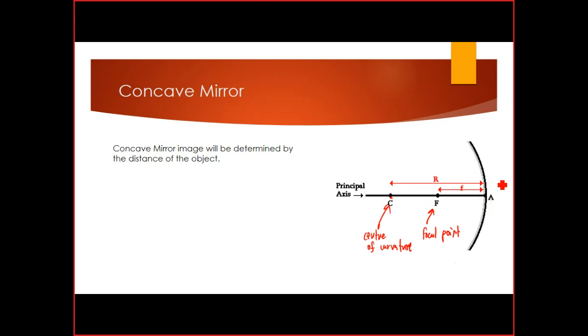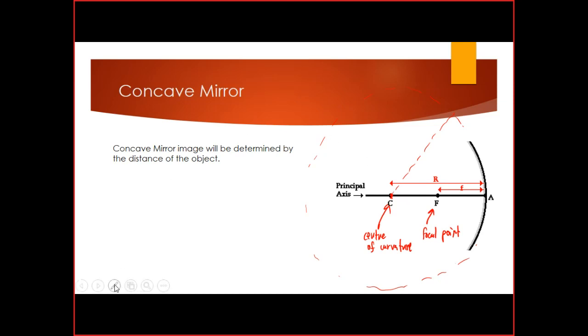Just imagine if you draw a circle all around this concave mirror, it will become a spherical circle, and this C will be the center of that spherical circle. So that's why we have a C over here.